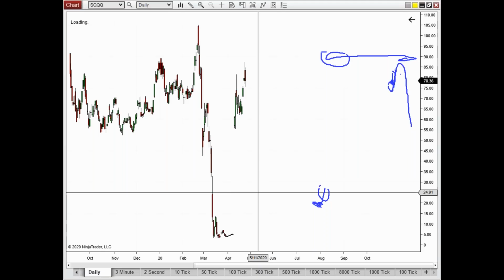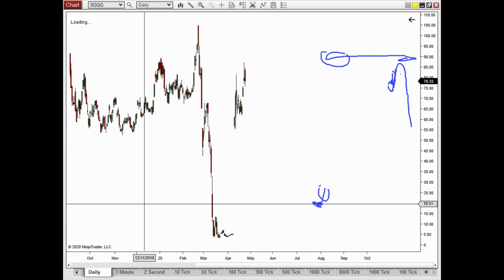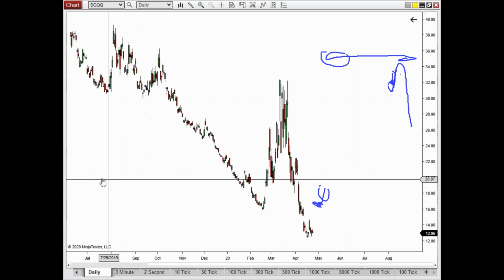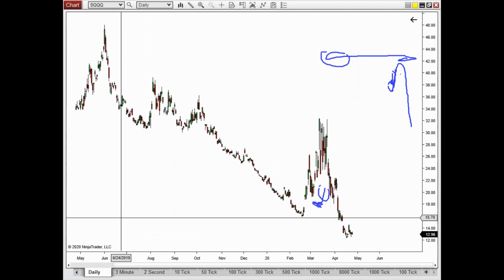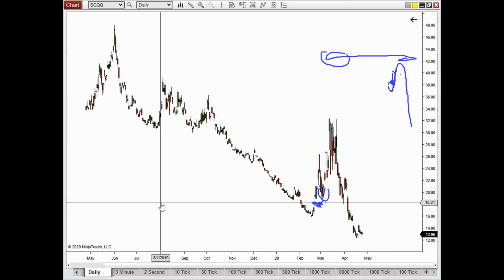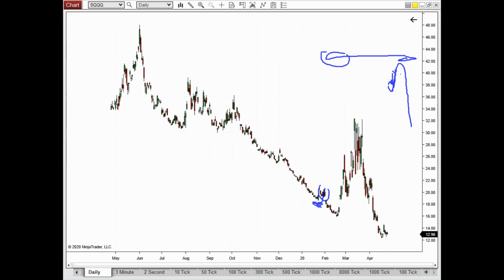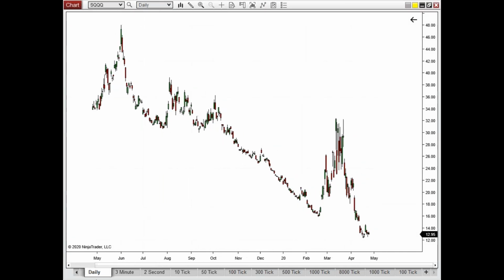I remember this one a long time ago. Here was the SQQQ. That's another one that used to be really good for hedging positions within the Nasdaq.